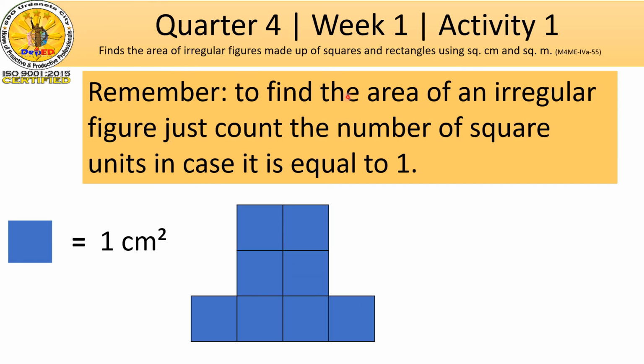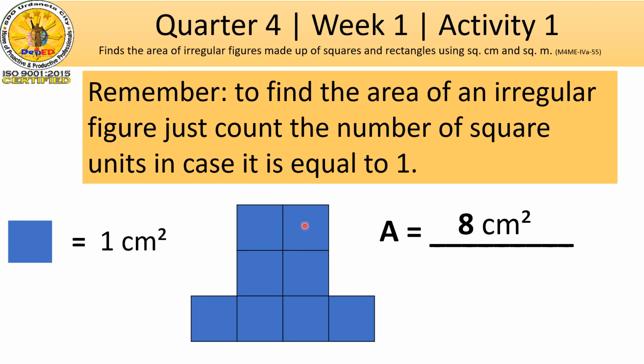Always remember, in finding the area of an irregular figure or an irregular shape, just count the number of square units in case one unit is equal to 1. Alright, did you understand, children? The area of this figure is 8 square centimeters.